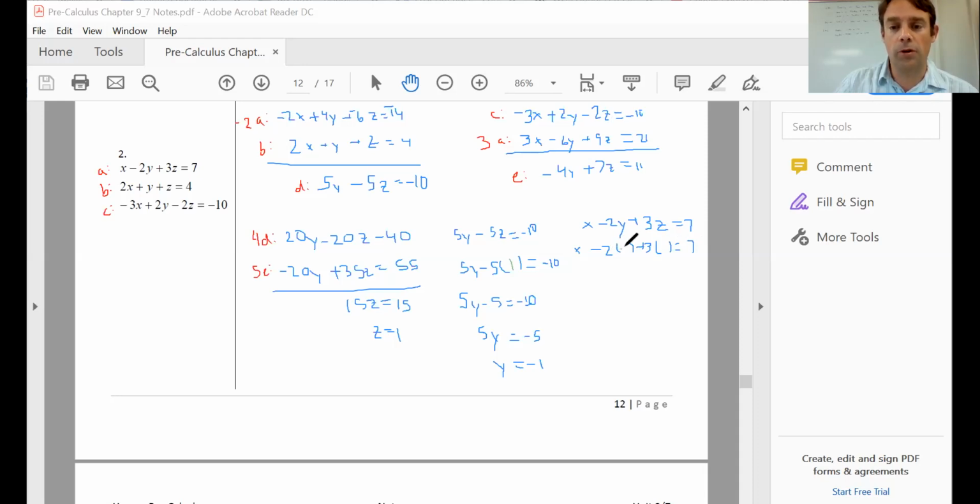So we're plugging negative 1 in for y, and we plug 1 in for z. X plus 2 plus 3, that's a positive 5, equals 7. So x equals 2. So 2, negative 1, and 1. All right, so we go ahead and we solve that there, plug it back in, double check your work, make sure we were good.